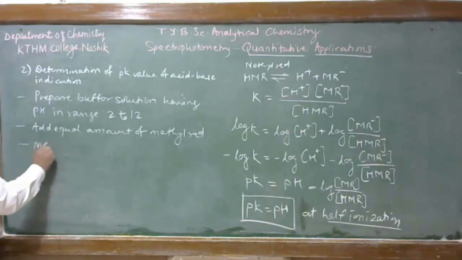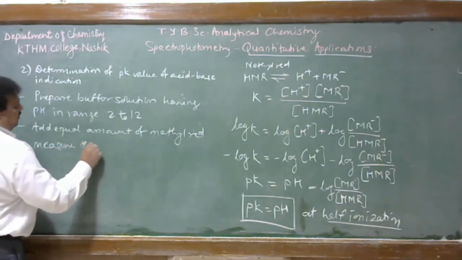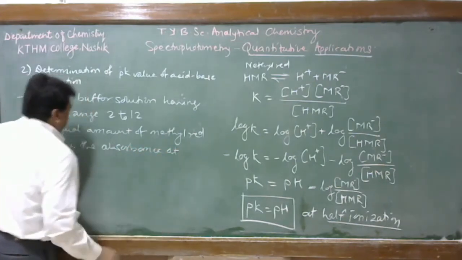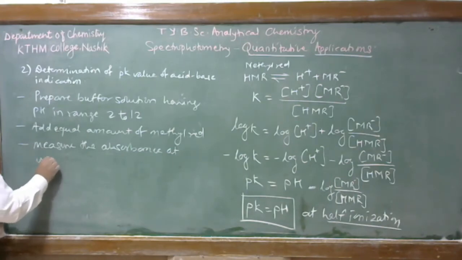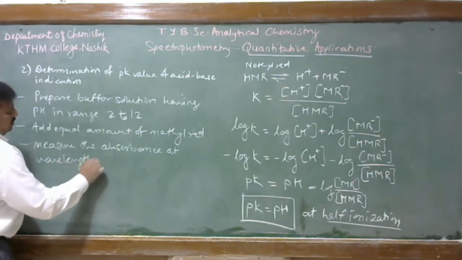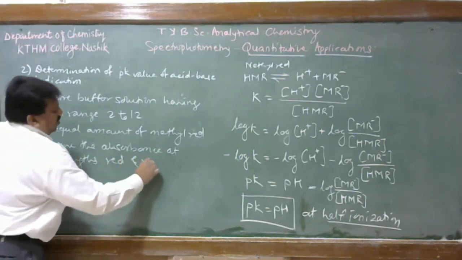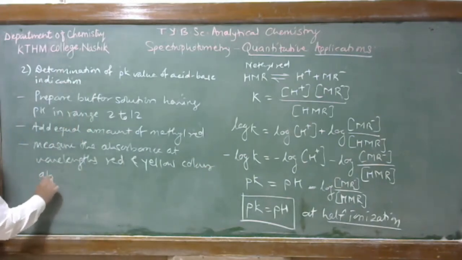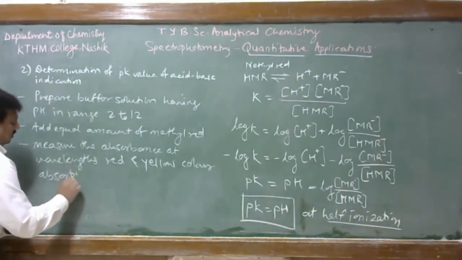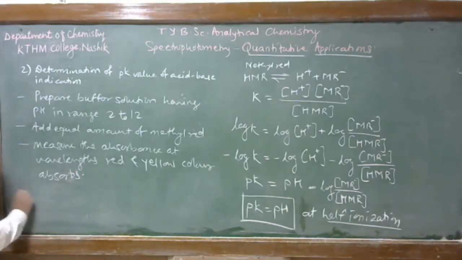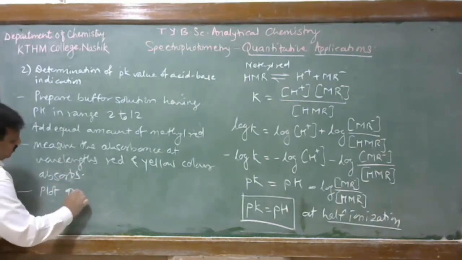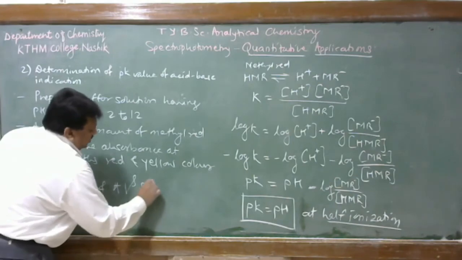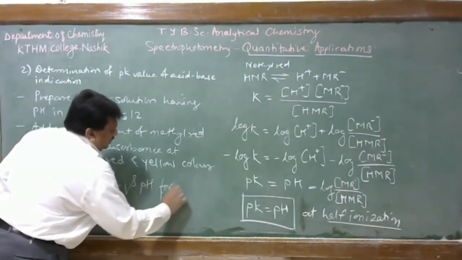Then measure the absorbance at the wavelengths where red and yellow color absorb. Then plot a graph of absorbance as a function of pH for determination of pKa.